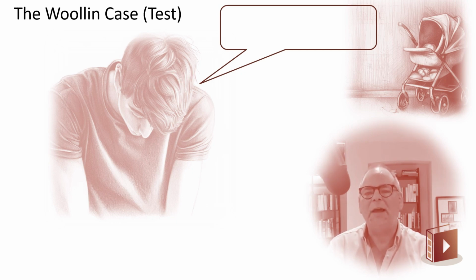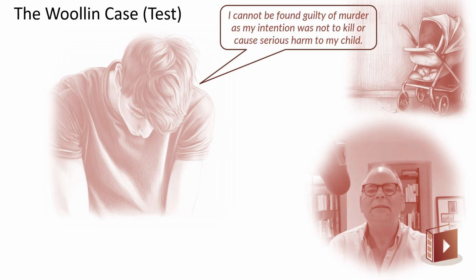Unfortunately, he missed the pram, and the baby hit the wall, and subsequently died of its injuries. Now, when Mr. Woollin was charged with murder, he said, I can't be found guilty of murder, as my intention was not to kill or cause serious harm to my child. My intention was simply to put the child back in the cot.